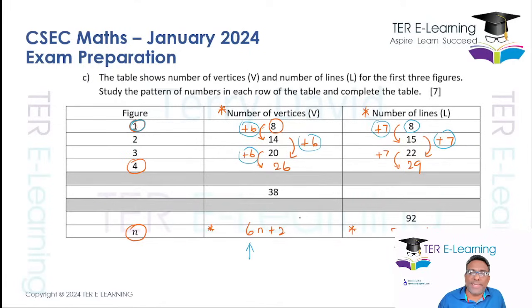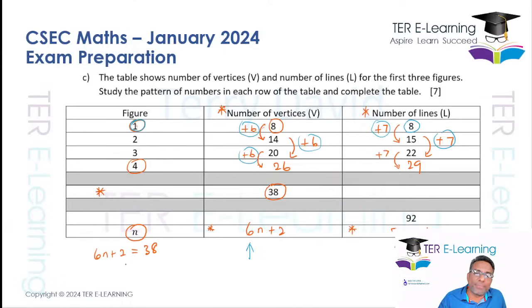Now the thing is, with this particular question, guys, this requires some practice in order for you to be able to figure out these patterns. The next thing we need to work out is to complete the rest of the table, but we know the number of vertices here is 38. So all you need to do is say 6n plus 2 is equal to 38. This allows us to figure out the figure number.